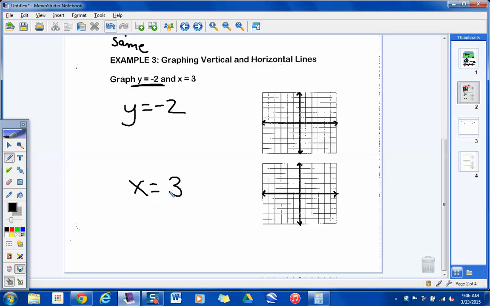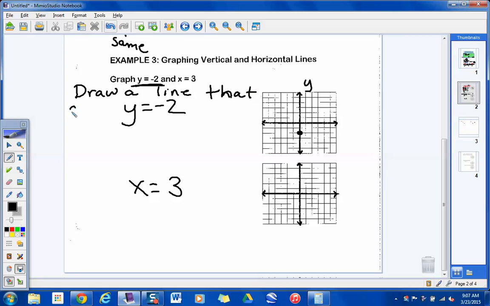Okay, so here's my y-axis. So on the y-axis, here's what we're asked to do. We're basically asked to go to this point right there. Do you agree that that's where y is -2 at? Yeah. Okay. What this is really saying then is draw a line that crosses which axis here, guys?